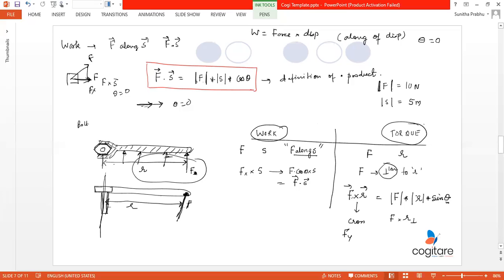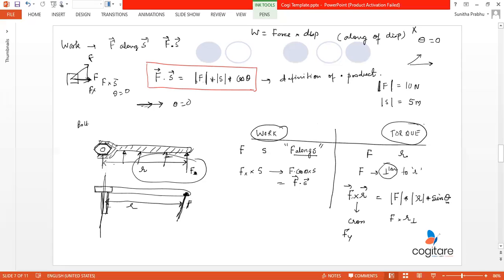No need to confuse the children. But the moment F and S are in different directions, this definition will not hold true. You have to use the definition of dot product. You have to say F dot S, F along S into S, which is nothing but F cos theta into S.